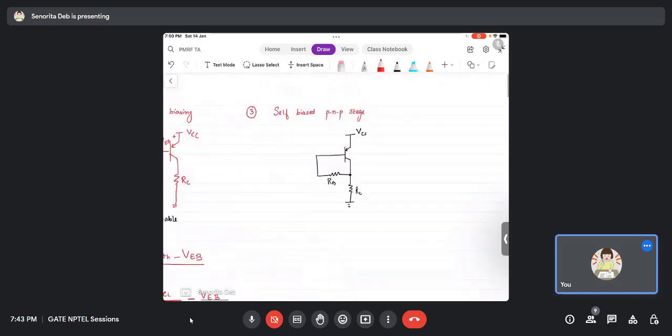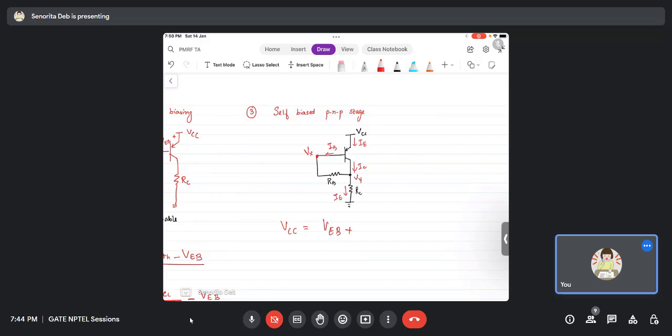This is the self bias circuit, and as we have seen, this will be your IE, this will be IB, and this will be IC. Now here your VCC will be equal to VEB plus Vx, or let me say this is Vy.